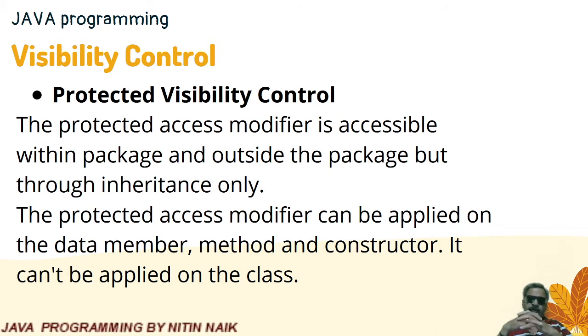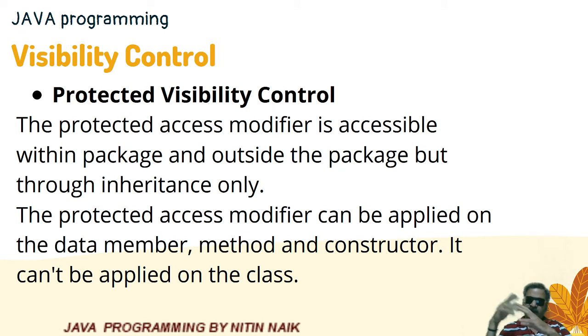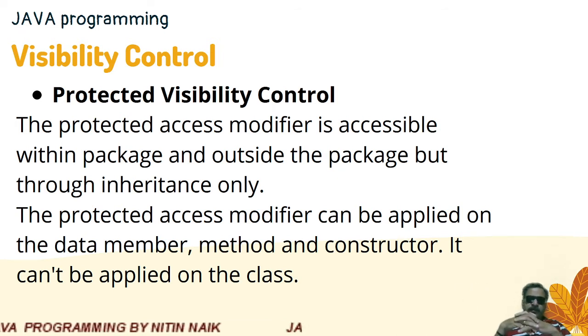Just like that, the protected access modifier is accessible within the package and outside the package, but through inheritance only. Package is a different thing that we will see later on. If I want to use protected visibility mode, you can use it very effectively in inheritance. And what is inheritance?